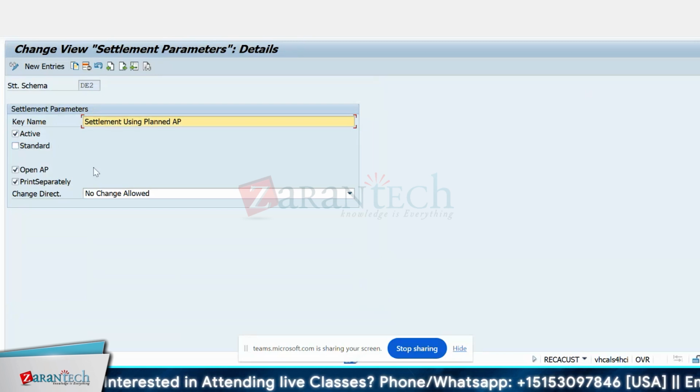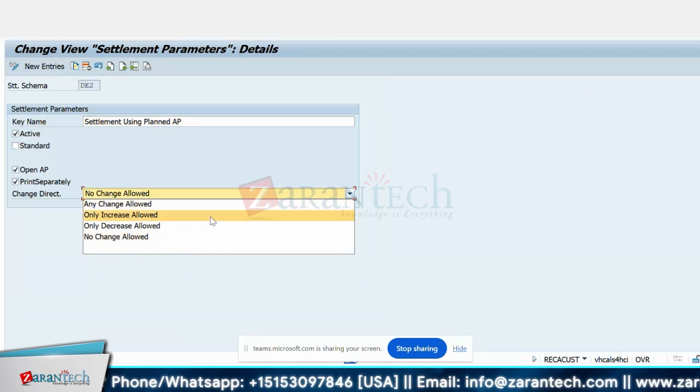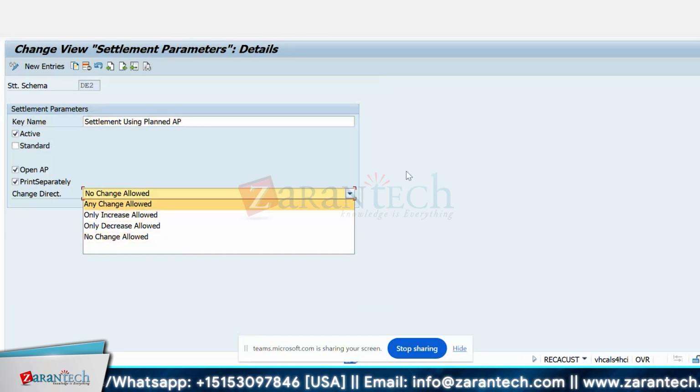So key parameters or settlement parameters: active, standard, open, change direction, not allowed, any change allowed, only increase allowed, only decrease allowed. So you can define this.